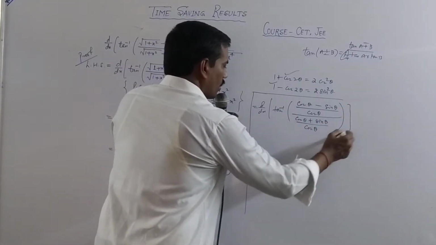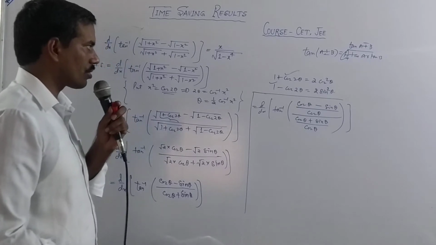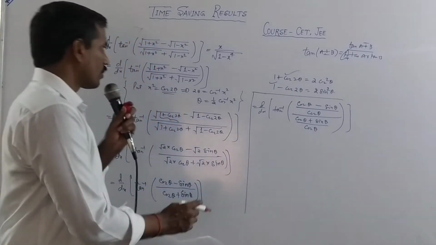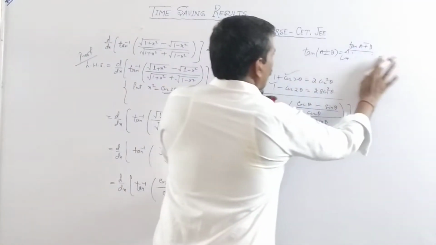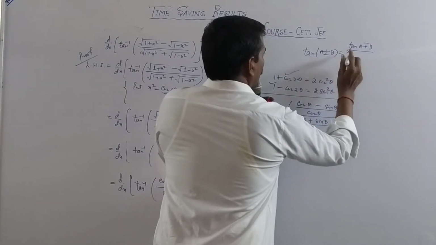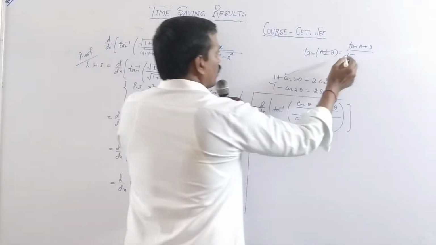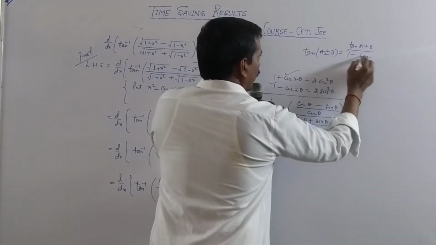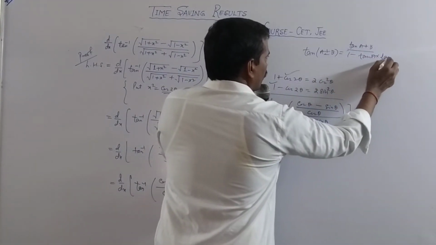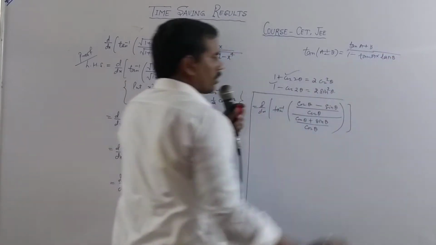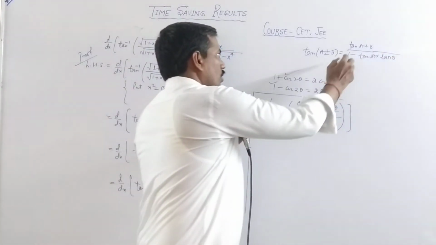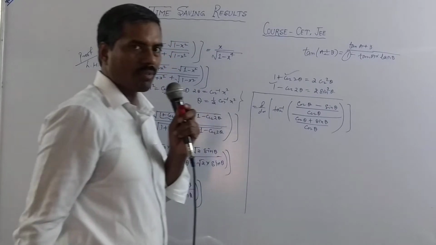Okay, this is done because the first term in denominator should be 1. If plus is there in the denominator, 1 minus tan a into tan b should be present in the denominator, so the first term should be 1 for this format.